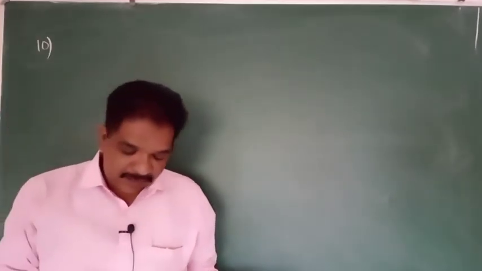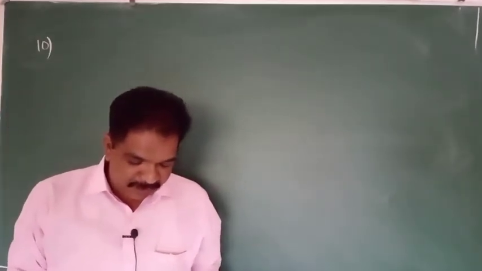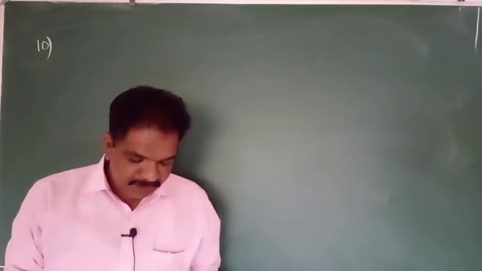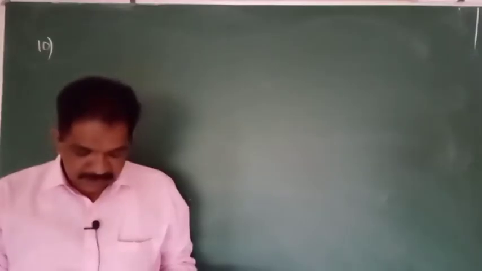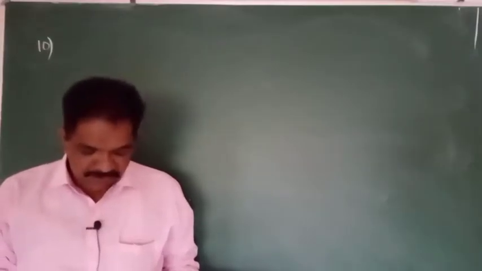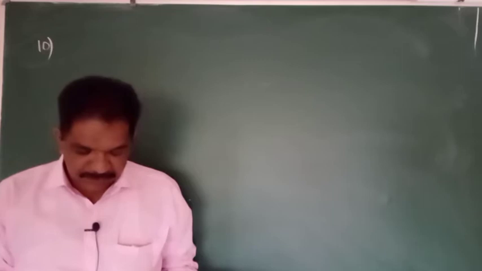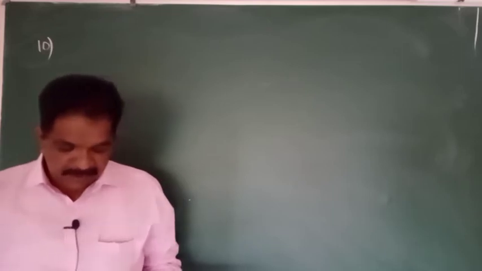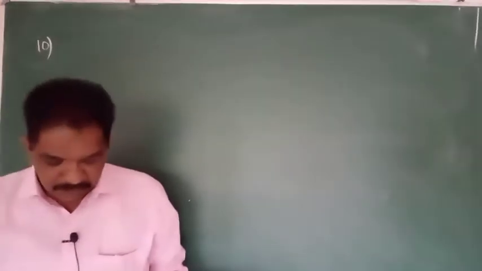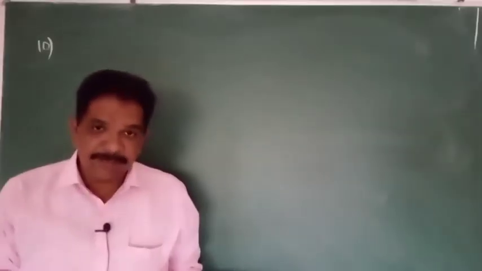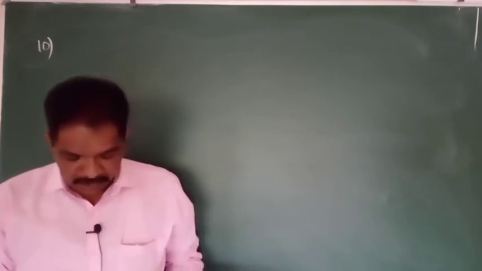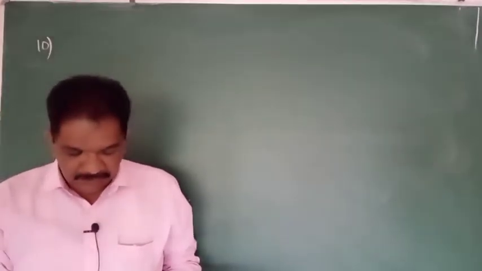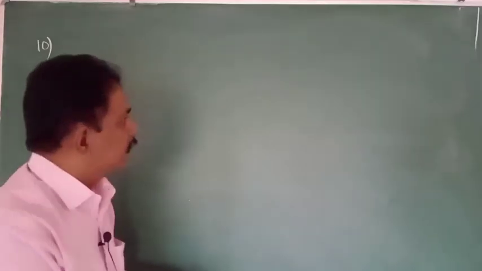The horizontal component of Earth's magnetic field at a place is known to be 0.35 Gauss. Determine the magnitude of the Earth's magnetic field at the place.